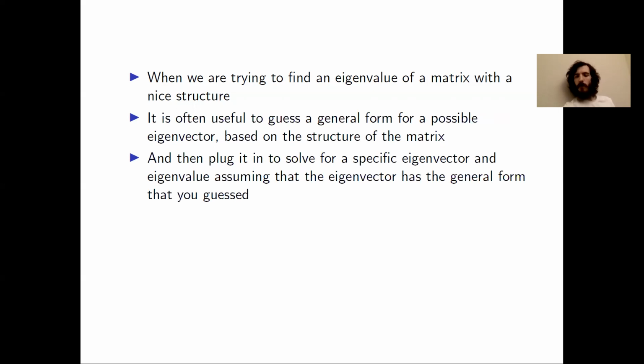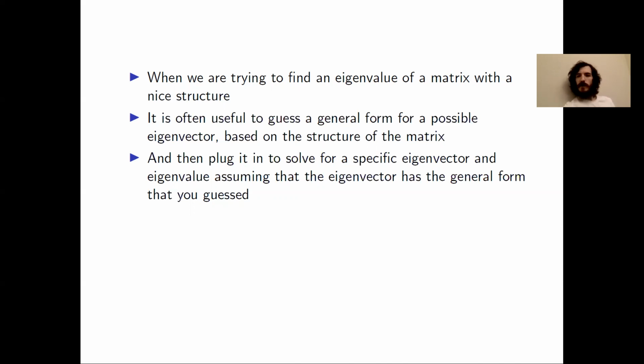We'll see what we get when we multiply the adjacency matrix times the eigenvector, and then we'll solve for the parameters in this eigenvector to figure out what the eigenvector should be and what the eigenvalue should be, assuming that our form that we guessed actually gives us a valid eigenvector. If we don't guess a good form, we won't find a good eigenvector, we won't find an eigenvalue. If we guess a form that makes sense based on the structure of our matrix, this will actually work and we'll be able to find the eigenvalues.